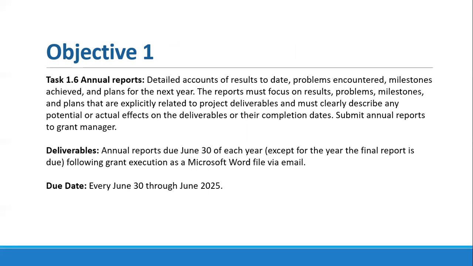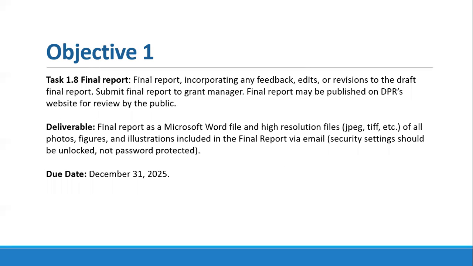Other examples from Objective 1 include the annual reports, and you can see as we go through these some standard formatting for a number of these items, and some of this language is appropriate to use for drafting your objectives and deliverables as well. Things like how the due dates and deliverables are phrased can be good models. And then an example of the final report you see here.